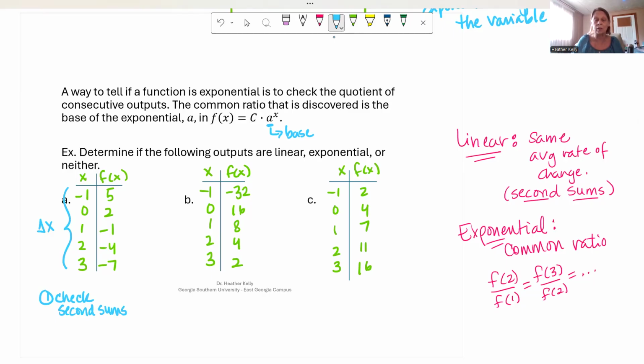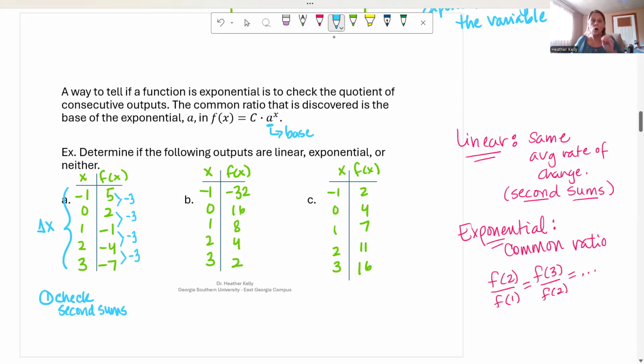The fact that it's 1 is awesome. And then we need to look at the second sums. To get from 5 to 2, we had to subtract 3. To get from 2 to -1, we also had to subtract 3. To get from 1 to -4, we had to subtract 3. 4 to -7 again, subtracting 3.